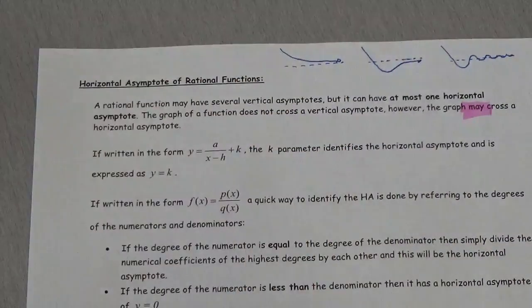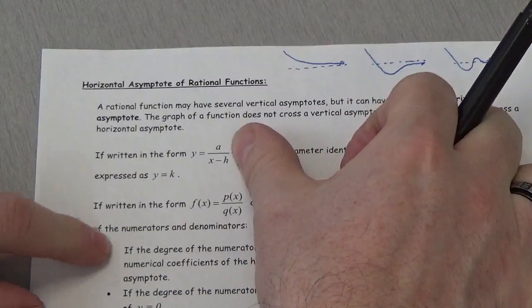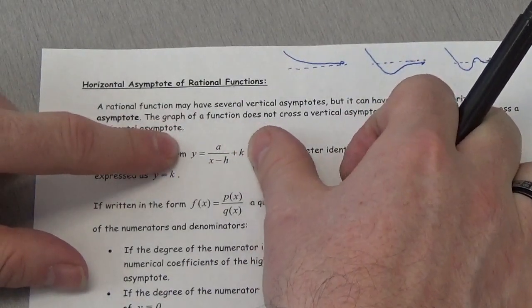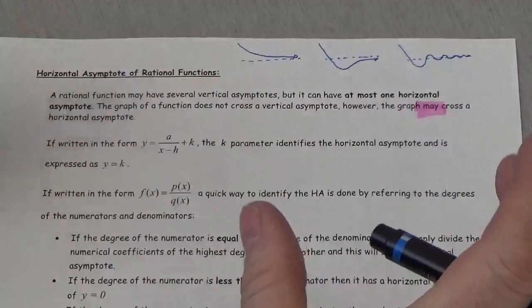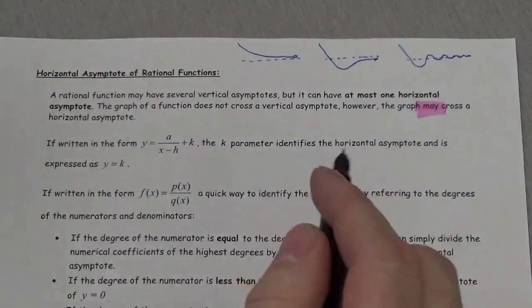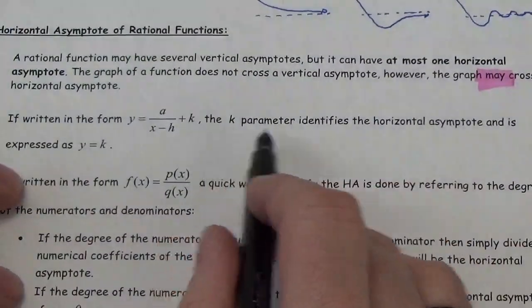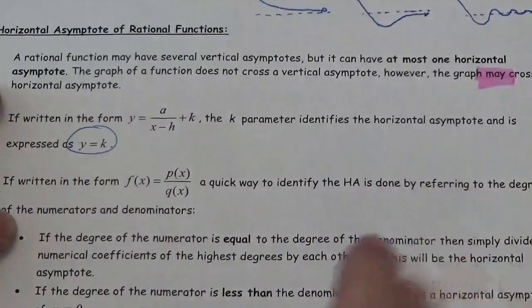Without that vertical transformation, the horizontal asymptote is y equals 0, so anything that I add or subtract is going to be the horizontal asymptote. So the k identifies the horizontal asymptote, and we would write it as y equals k if it's written in that form.